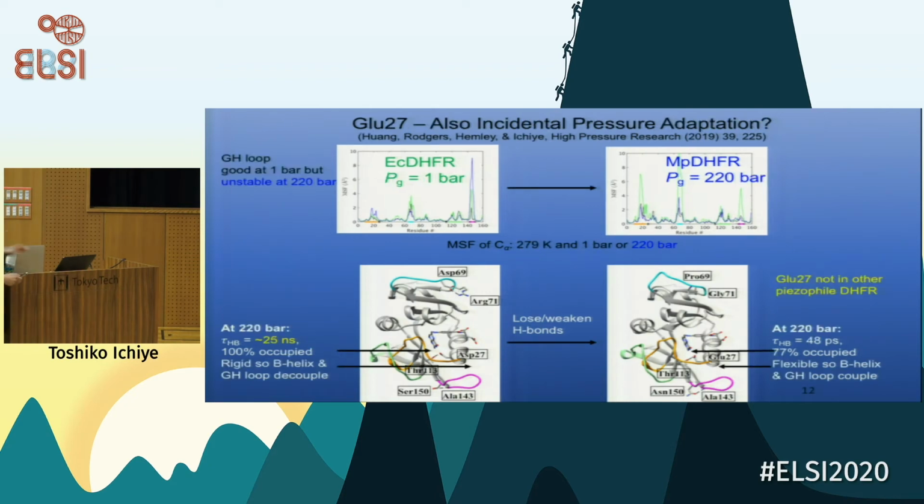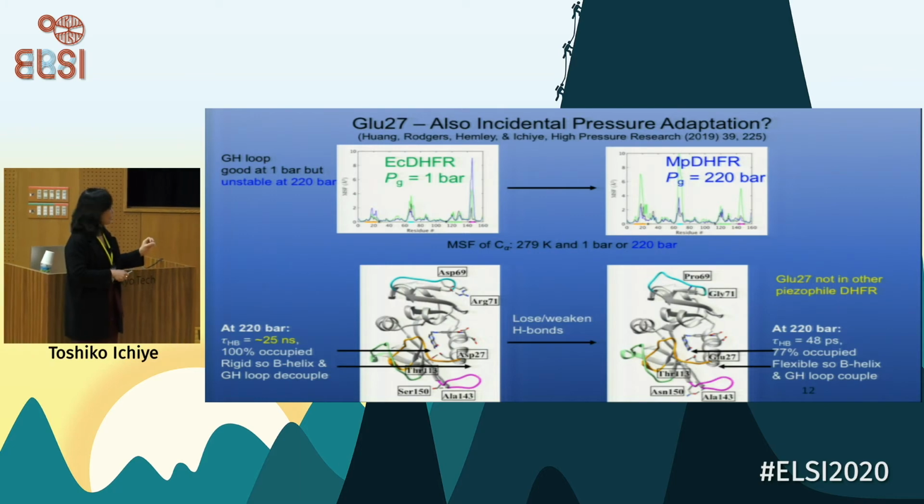The interesting thing, though, is this same aspartic to glutamic acid change also seems to be a pressure adaptation, but we think it's an accidental one. So I'm going to show you in a second that the presence of aspartate corresponds to the decay in the pressure activity, whereas glutamic acid increases it.